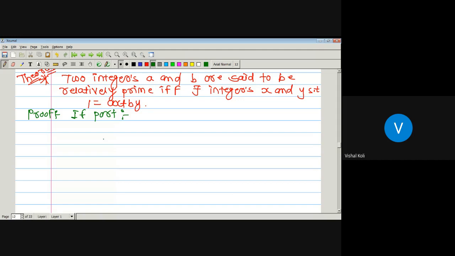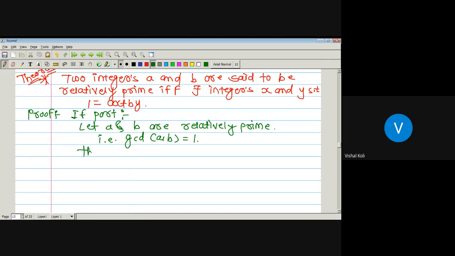Okay, so first let a and b be relatively prime. As a and b are relatively prime, it means GCD of a, b will be 1. And we have just proved one result: if a and b are any two integers, then GCD of a, b is nothing but ax plus by. That is, d is equal to ax plus by.